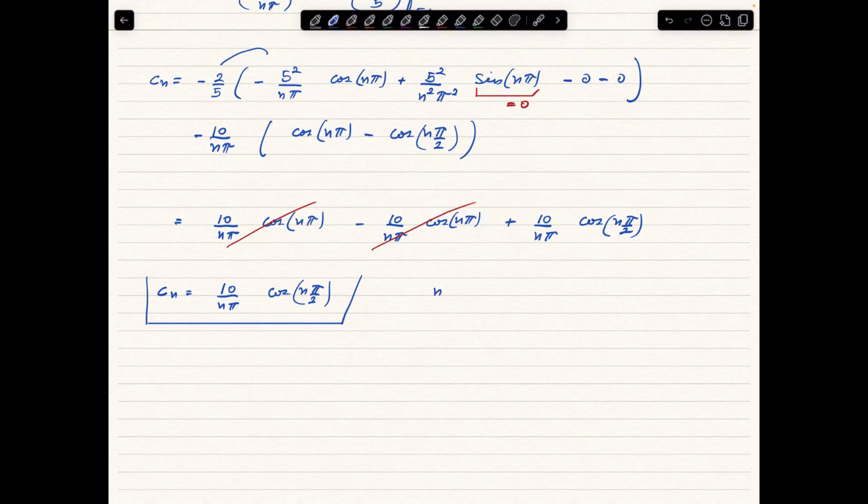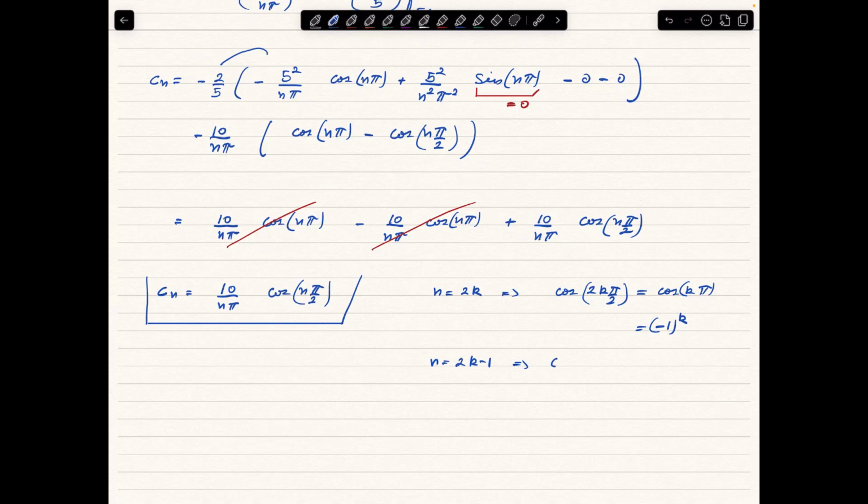What happens when n is even? Then we have cosine of 2k pi over 2, which is cosine of k pi, and this here is -1 to the k. What happens when n is odd, equal to 2k minus 1?